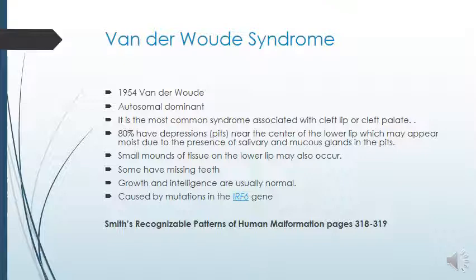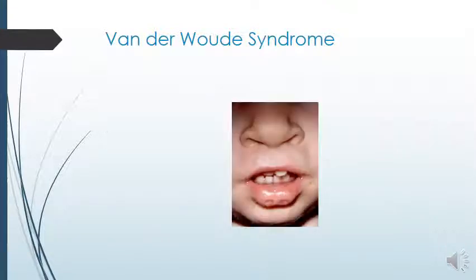It's caused by mutations in the IRF6 gene, and you can go to pages 318 to 319 in Smith's Recognizable Patterns of Human Malformation to see this disorder. And this is a picture of a child who has van der Woude syndrome, and you can see those lip pits in this picture here.